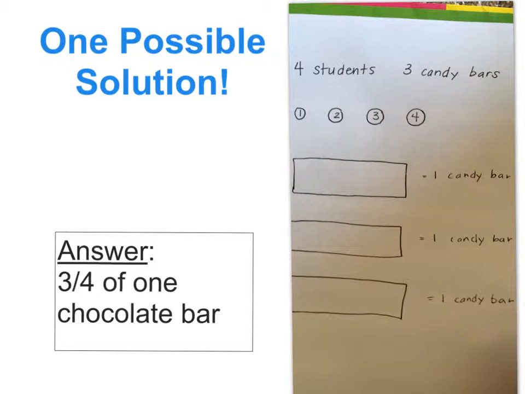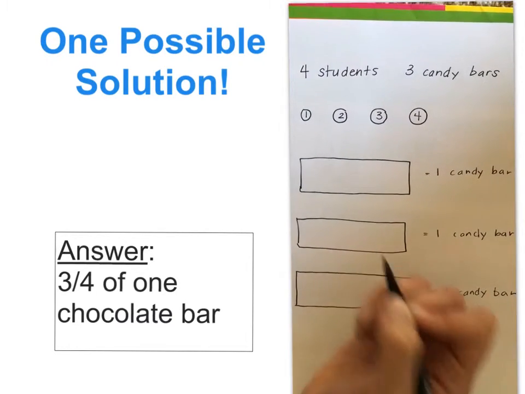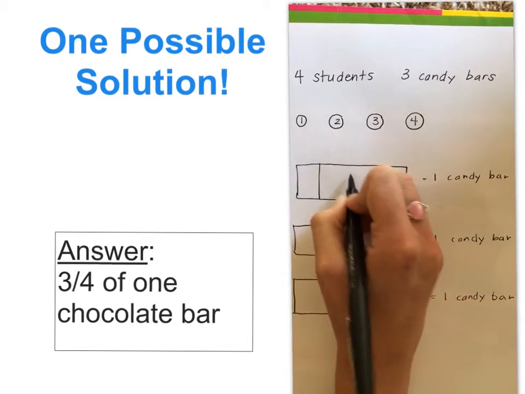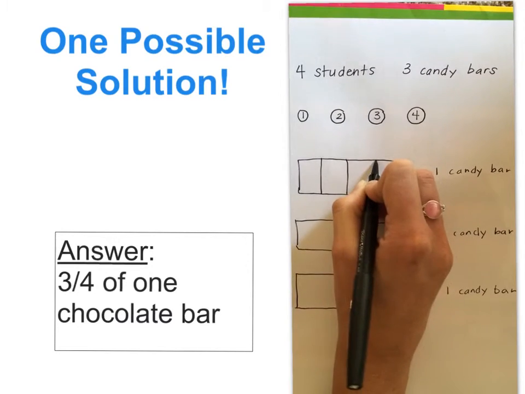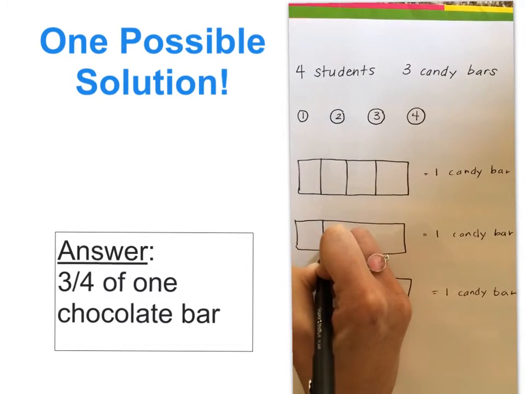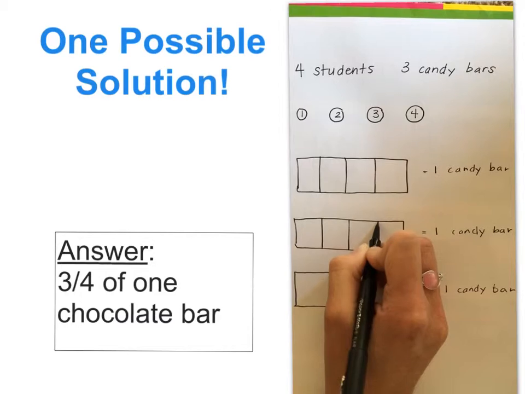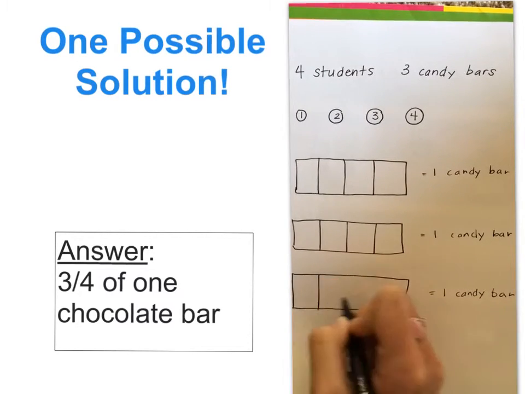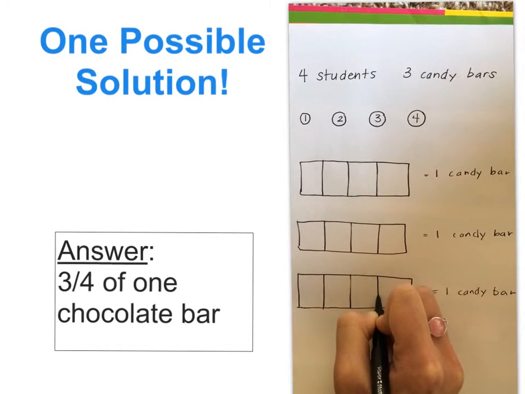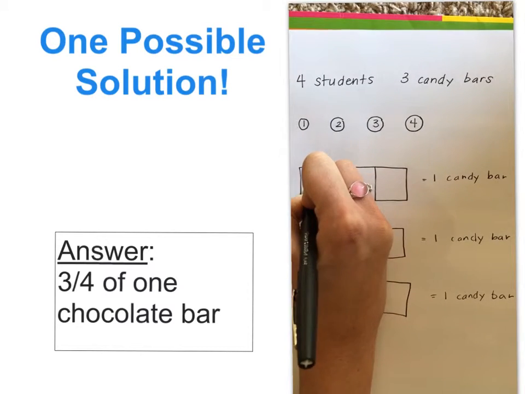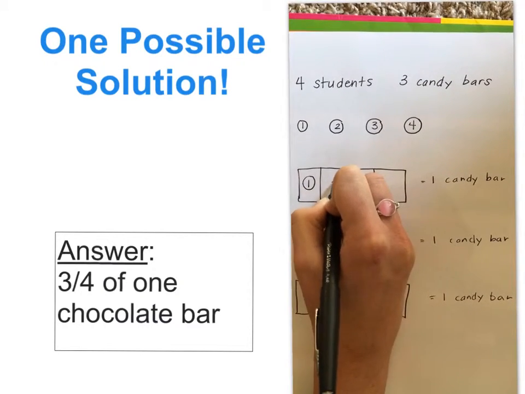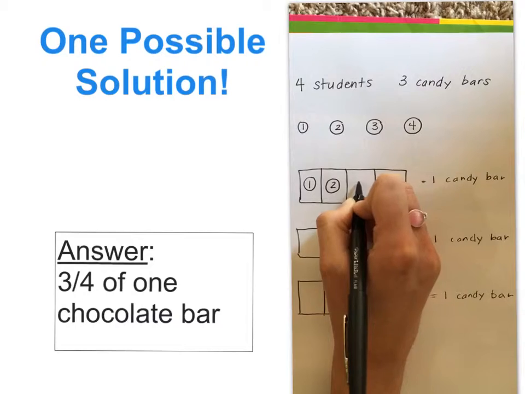I know that there are 4 students who each need to get equal pieces of chocolate. To help me divide the chocolate, I am going to divide each individual chocolate bar into 4 pieces. After I have divided all of the chocolate bars, I am going to label each one 1 through 4 until I run out of candy bars.